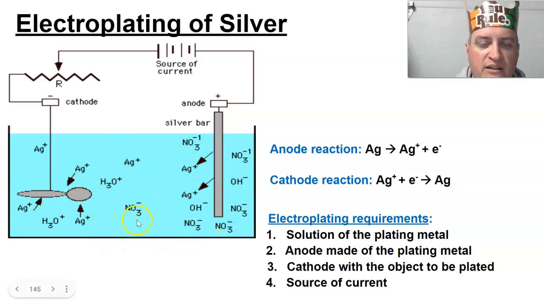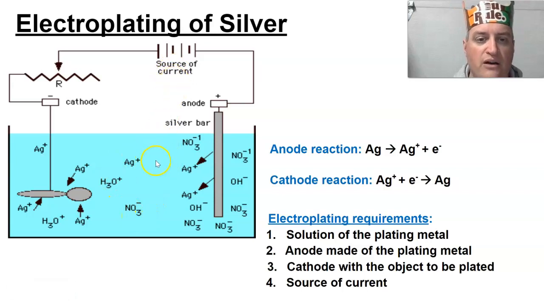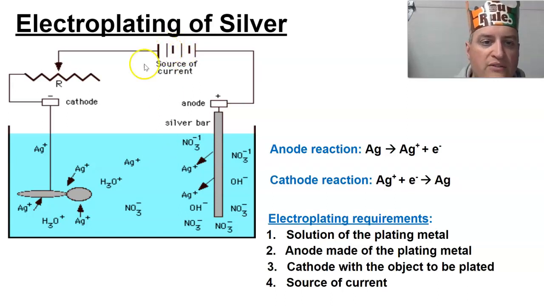Otherwise, this would have a zero source of voltage because it's the same substances in the same solution. But when we add a source of current through this, we have the cathode here, which is going to be a place where we go from a positive charge to the metal. So therefore, that's going to be a reduction. And then going from 0 as the metal to the positive charge would be oxidation. Again, anode is going to be oxidation. Cathode is going to be reduction.